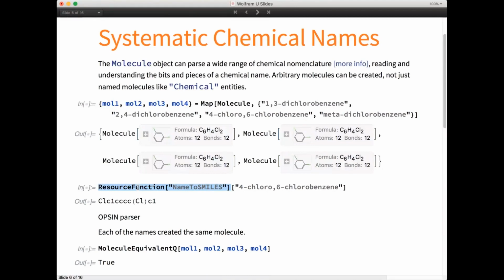People who work here sometimes submit functions. Many a time I've come up with a function and then in the team meeting we say, that looks neat, but I don't think that needs to be a system function, and so it ends up being a resource function. In this case, it's called NameToSMILES, and it operates on 4-chloro-6-chlorobenzene and returns this SMILES string.